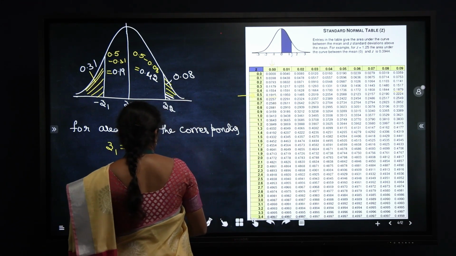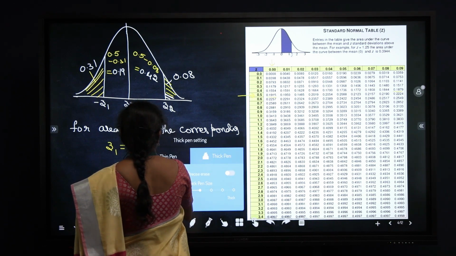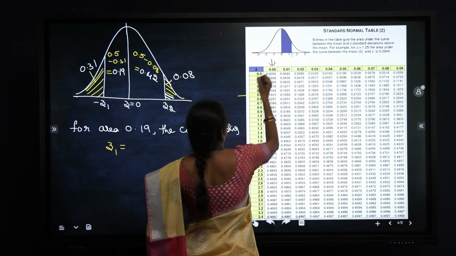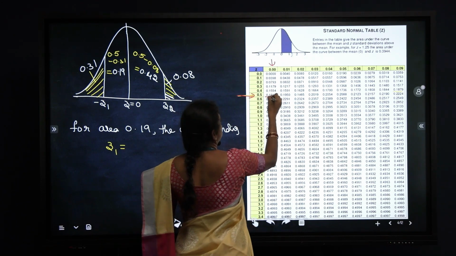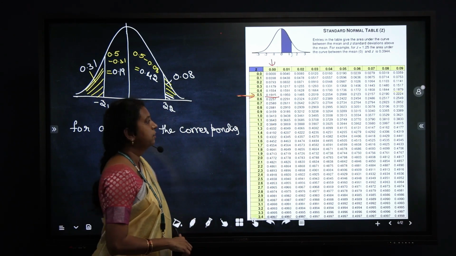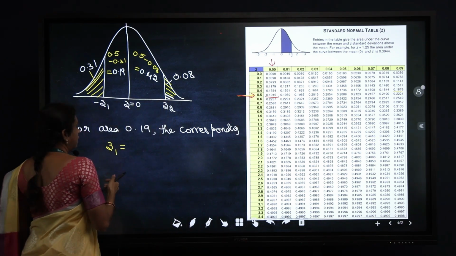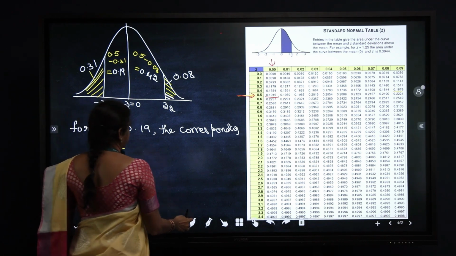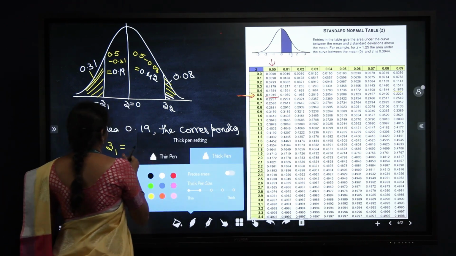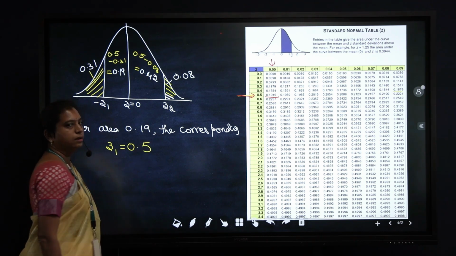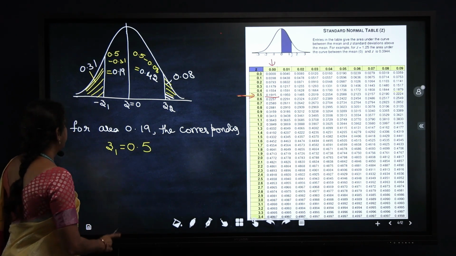So since 0.19 is under 0.5, the corresponding z1 value is equal to 0.5.